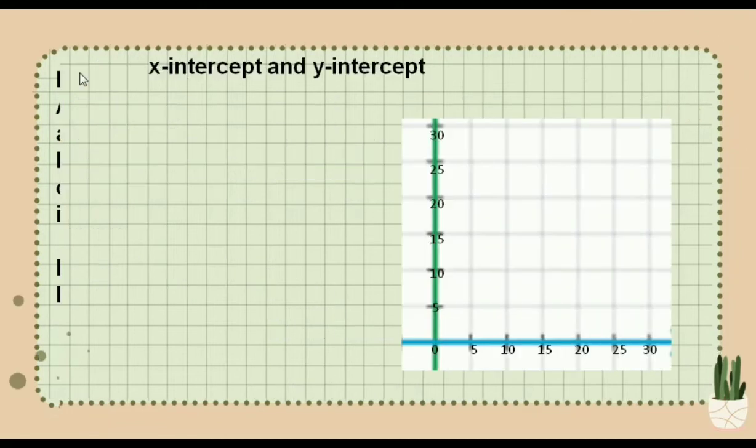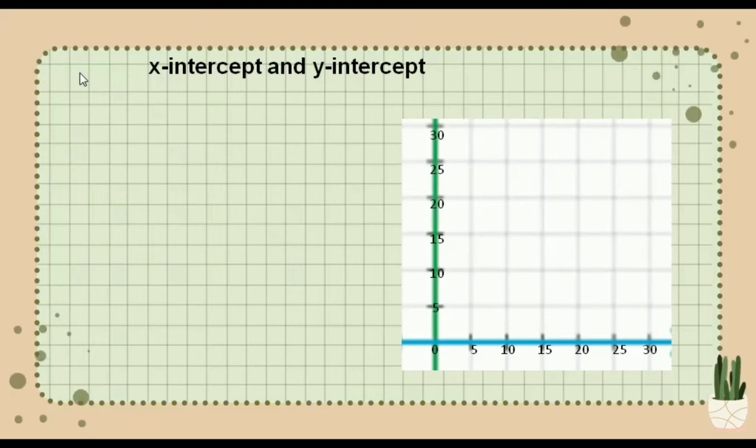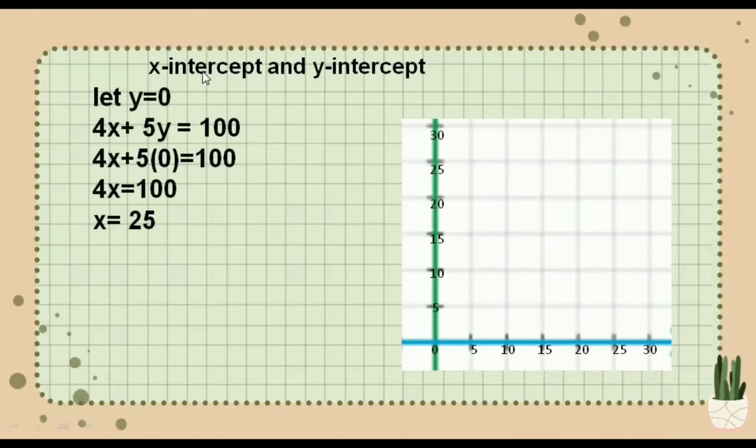For the next step, we are going to use the coordinate plane, and to use it, we need to solve first for the x-intercept and y-intercept. So we are going to solve first for the x-intercept. Let y be equal to 0. Again, we are just going to substitute the 0 to the y variable. So we will have 4x plus 5y, y is equal to 0, so equals 100.